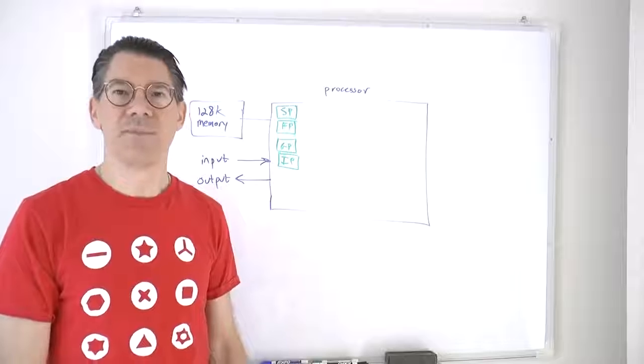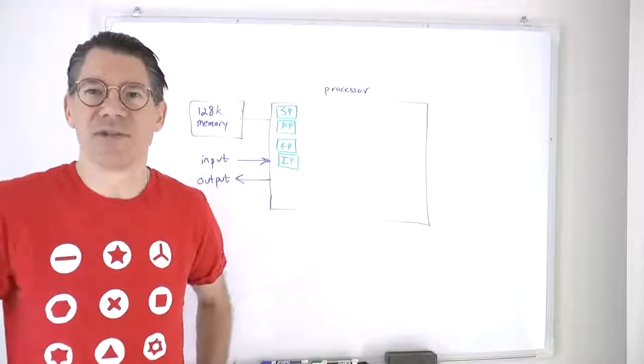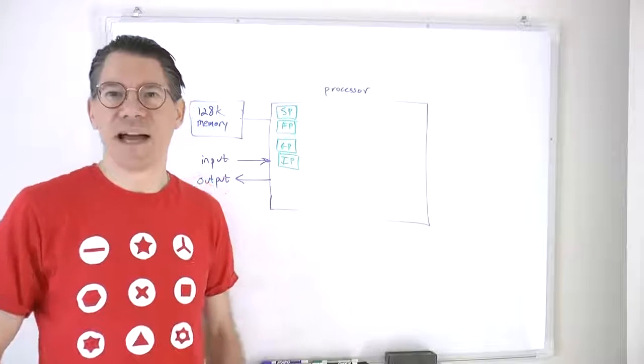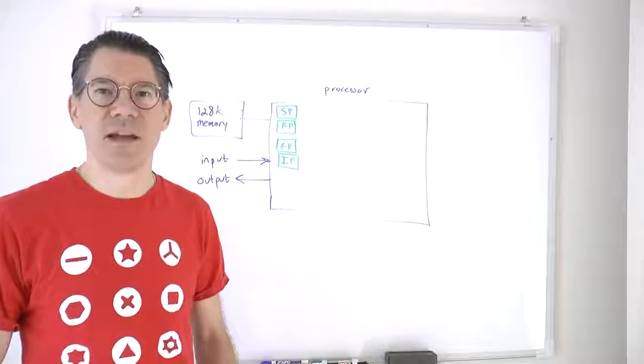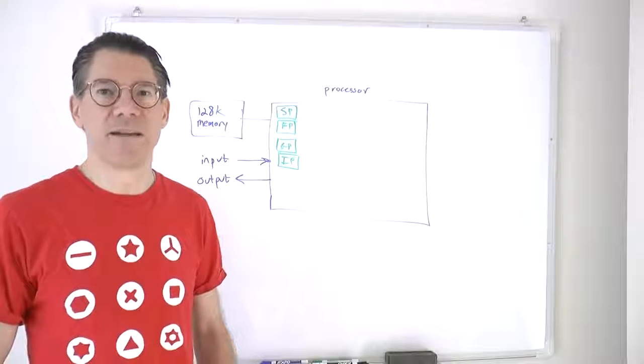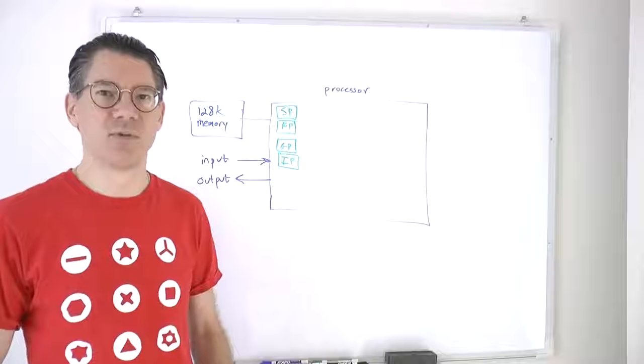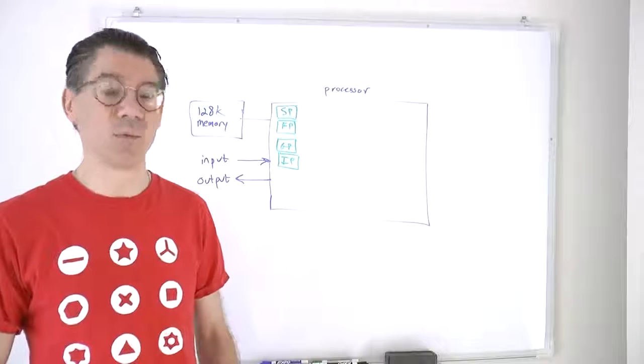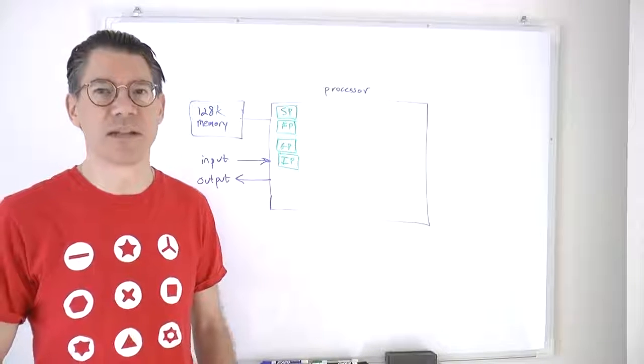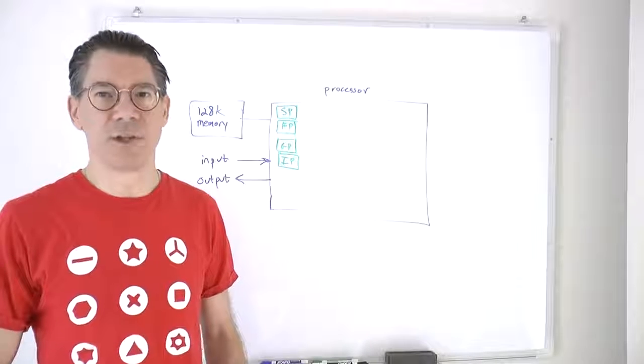So now that we have the minimum number of registers in the processor, let's talk about how the processor actually executes instructions. There are a couple of ways that a processor can be built to execute instructions, and what we're going to do is build an architecture called microprogramming.